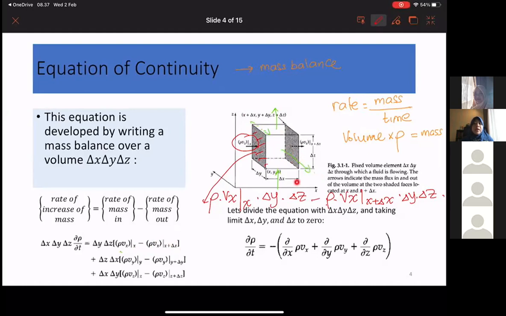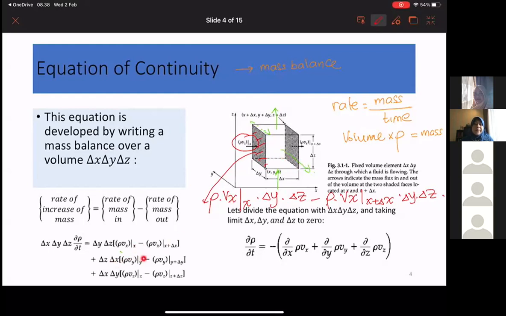The cross-sectional area now becomes delta x multiplied with delta z, so you have to think about the cross-sectional area as well. And after that you find the vz, from down there to that one, and the cross-sectional area you're looking at is delta x multiplied with delta y.